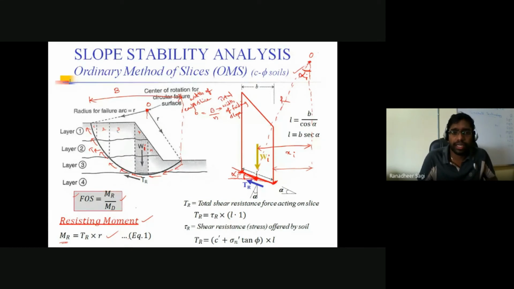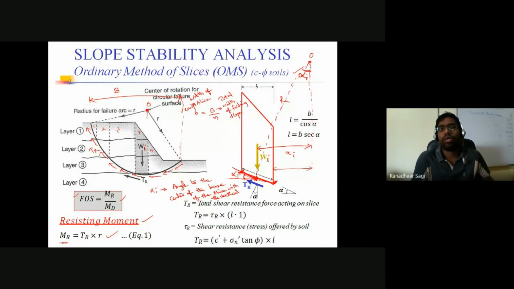Here, that so-called alpha I which I have represented, I can simply call it the angle to the center of the base of the slice with the vertical.